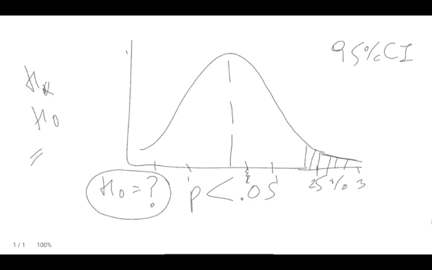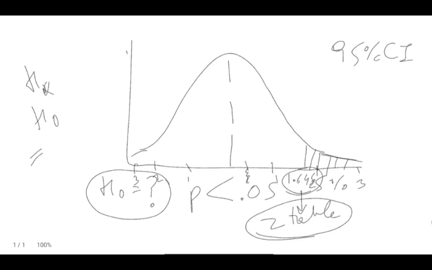So, in this case, beyond 1.645, which is the corresponding value in the Z table at 95% confidence interval, for a one tail test you get a value of 1.645.